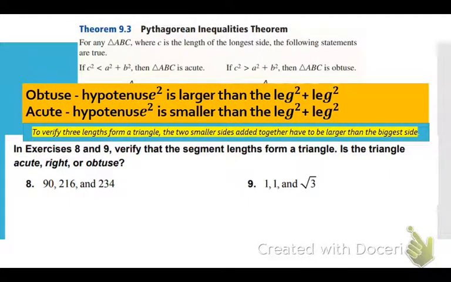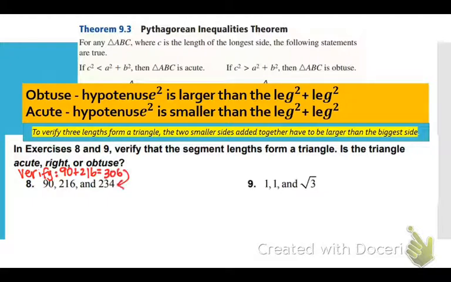So to verify, I'm going to write it above. All you do is you add the two smaller lengths, which here would be 90 and 216, sorry. 90 plus 216 makes 306.